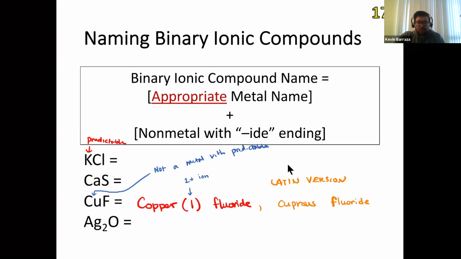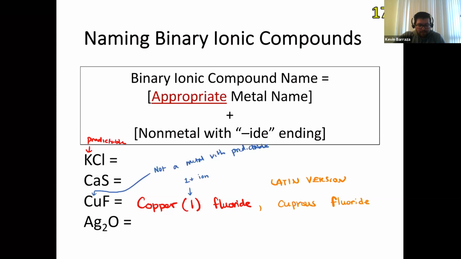Okay, so to recap which ones we have: potassium chloride, calcium sulfide, copper 1 fluoride, or cuprous fluoride. And then this one would be Ag. That one's the kind of tricky symbol because it's actually silver oxide.